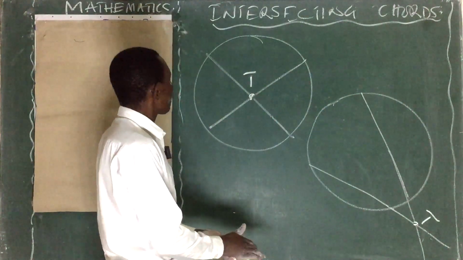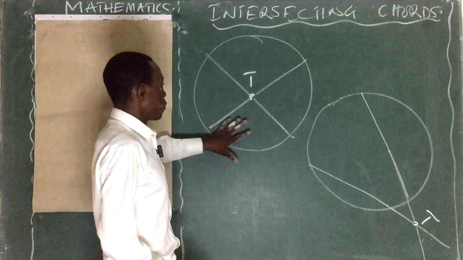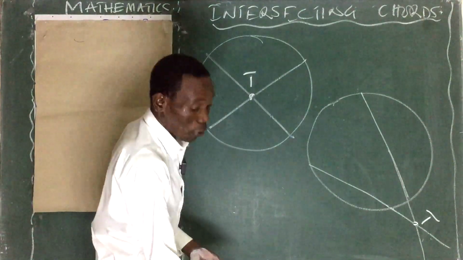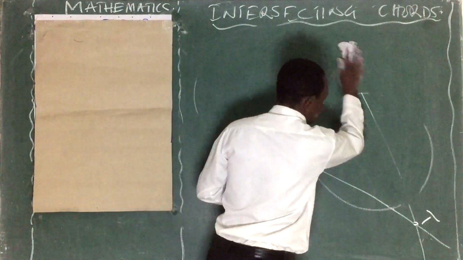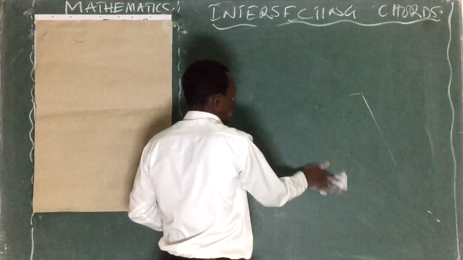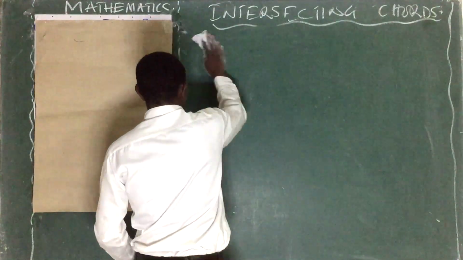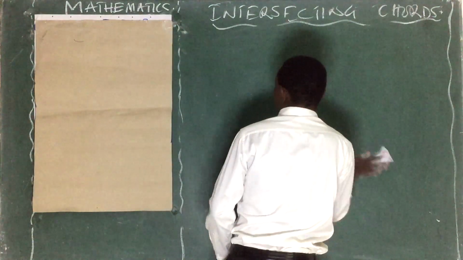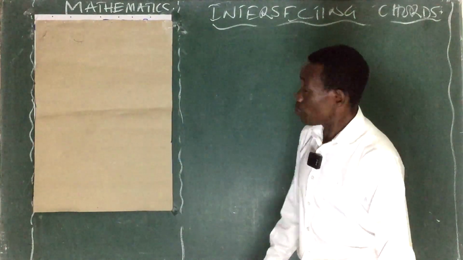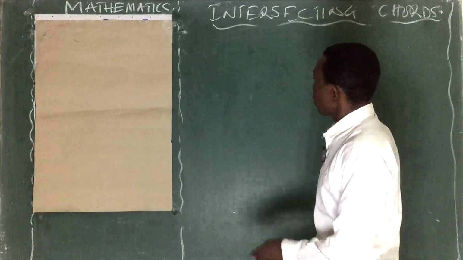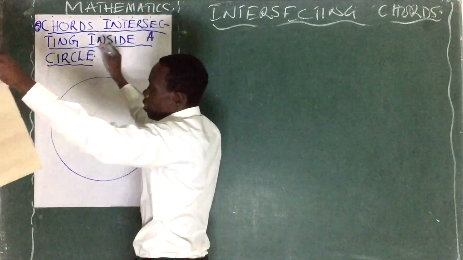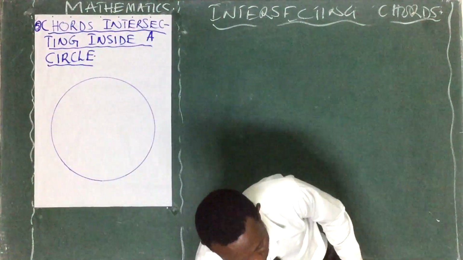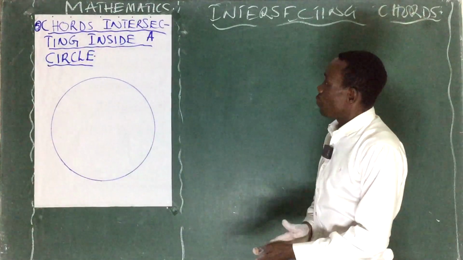Right, so to begin with, we are going to discuss chords which intersect inside the circle. What property should we know about it? Let us be together here and discuss the intersecting chords which intersect inside the circle, and let's see what we're going to expect out of it.